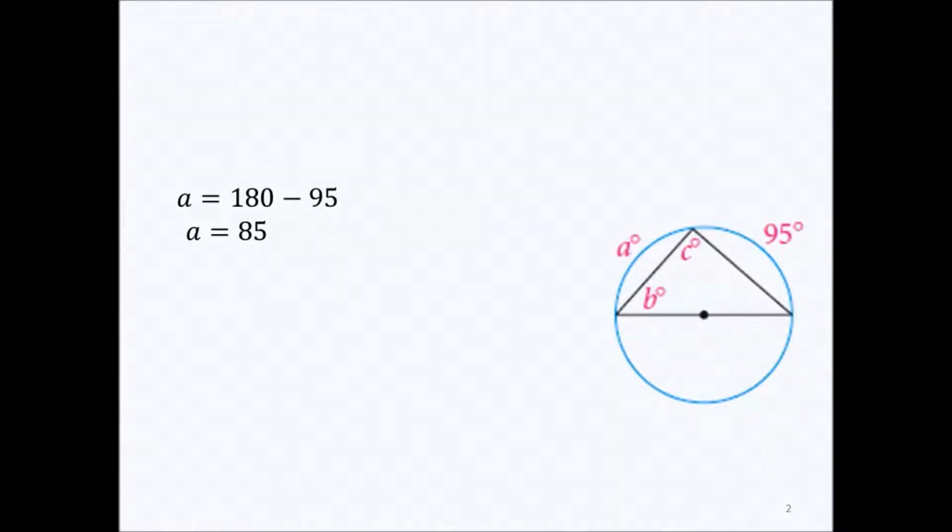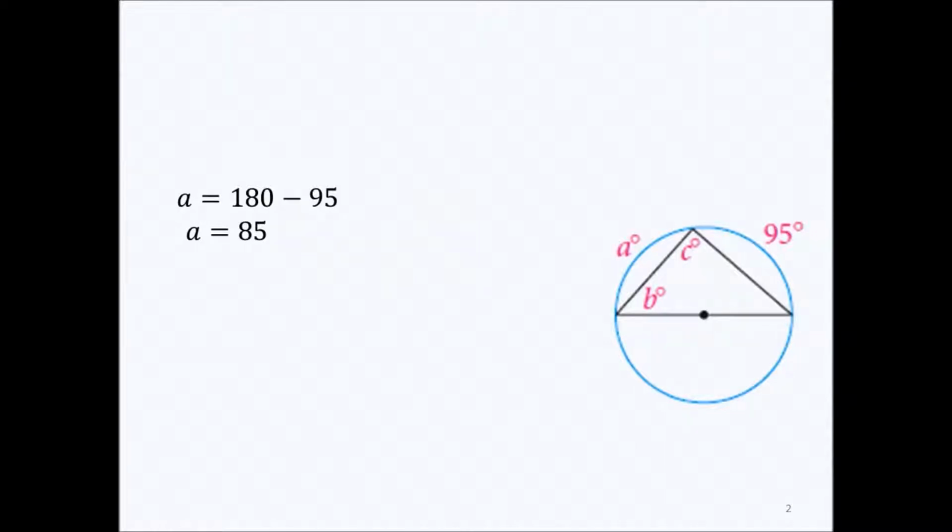The next question you have to ask yourself is, how do I solve for the measurement of angle B? Where is the vertex for angle B? The vertex happens to be on the circle, and when the vertex is on the circle, we call that an inscribed angle.